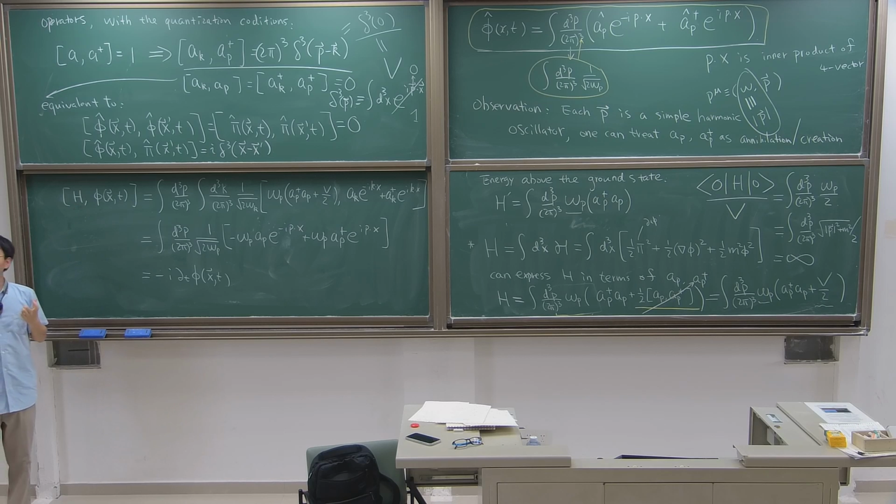We also learned that H is nothing but the conserved charge associated with time translation last week, because it's the space integral of T00, which is H. This equation clearly justifies that point.